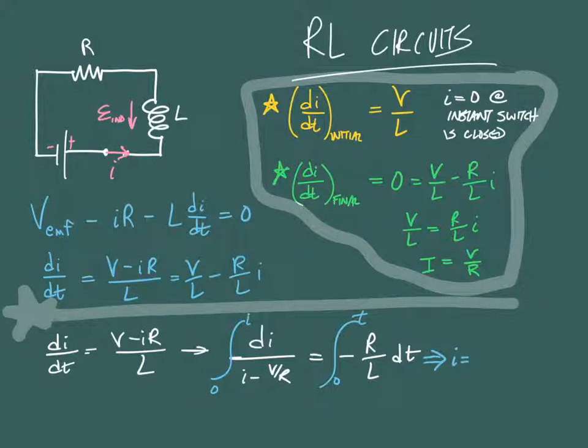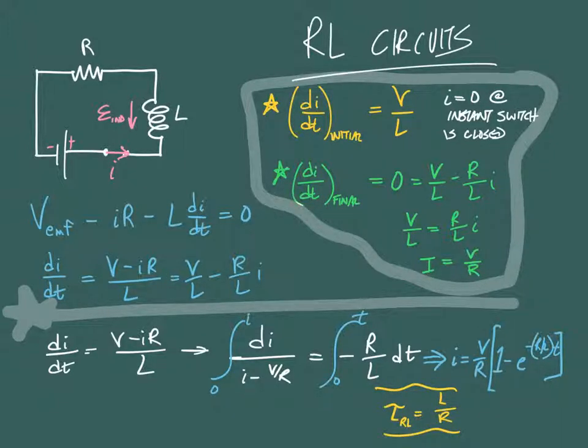I will equal V over R times 1 minus E to the minus R per L times time. Okay. Note that the time constant for an inductor or for an RL circuit is L per R. So we would end up flipping some things around in that exponent.